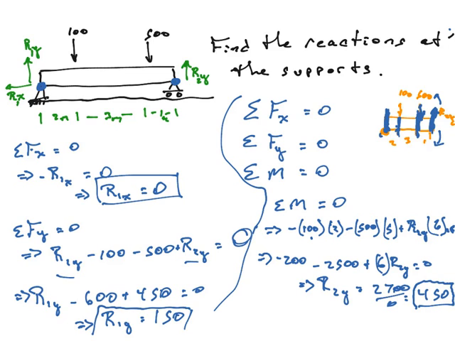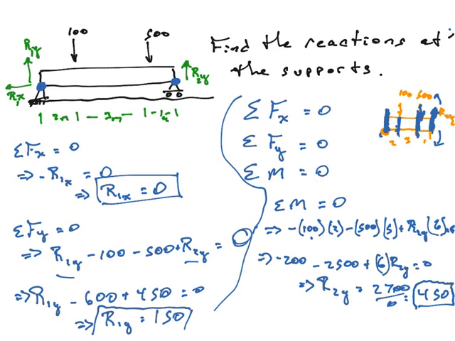Look at the types of supports you have. Well, if it's a pin support, then I'm going to have 2 reactions, one vertical, one horizontal. If it's a roller, I'm going to have 1 reaction, perpendicular. If it's a fixed support, then you're only going to have 1 support in the problem, because that gives you all 3 unknowns all at once. And remember, you can only ever have 3 unknowns here.